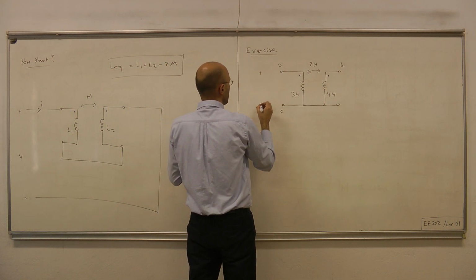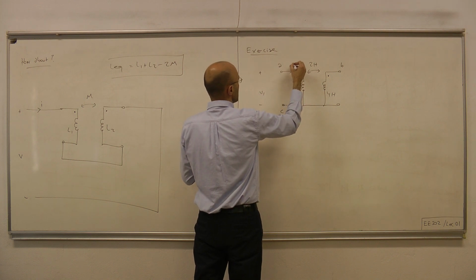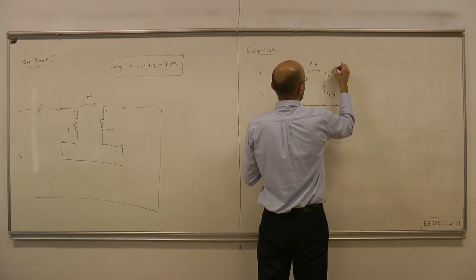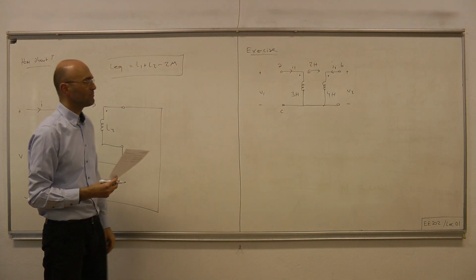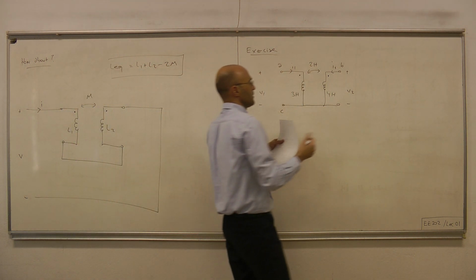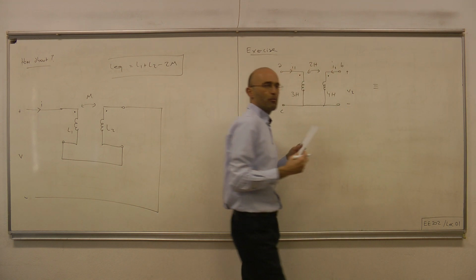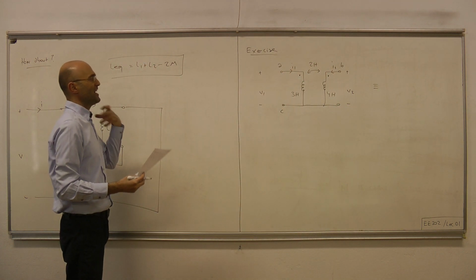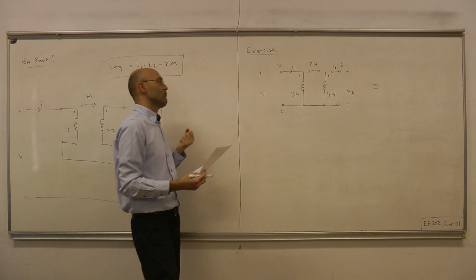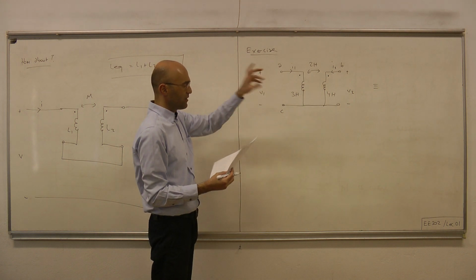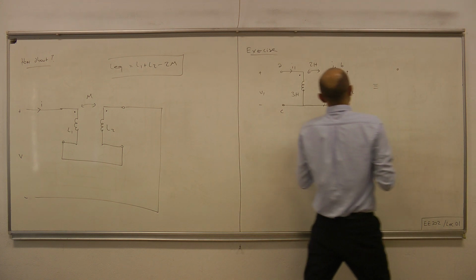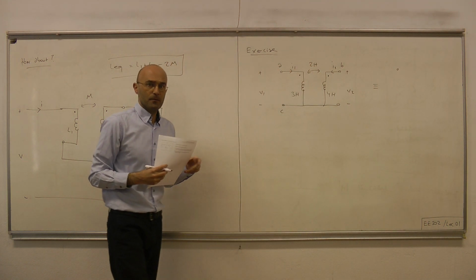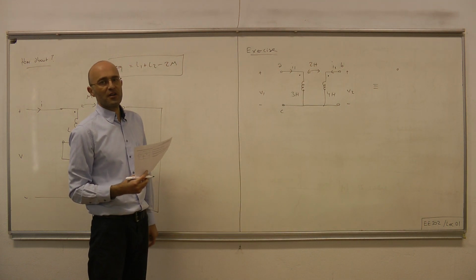Now let's do the labeling. This is V1, I1. This is I2, and this is V2. Suppose that this 3-terminal device has the same voltage-current characteristics as the following 3-terminal device. Again, a device of inductors, but this time the inductors are uncoupled.